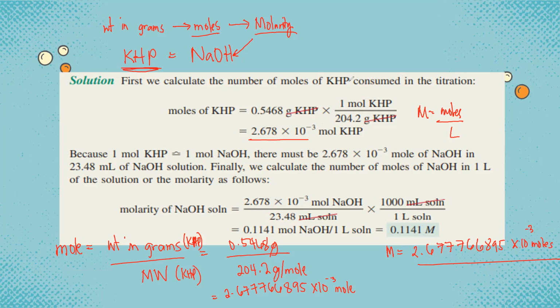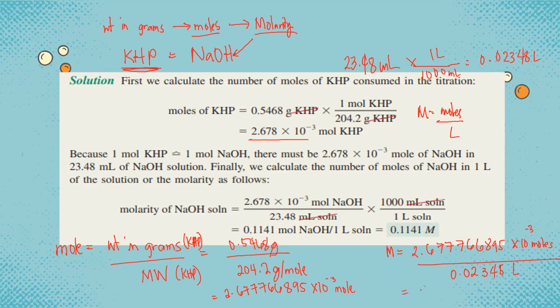So in this case, yung nagamit, diba, is 23.48 ml. Iko-convert lang natin siya sa isang liter, meron tayong 1,000 ml. So 23.48 divided by 1,000 is 0.02348 liters. So ito yung gagamitin natin in the computation.